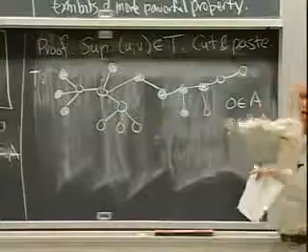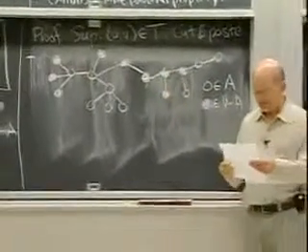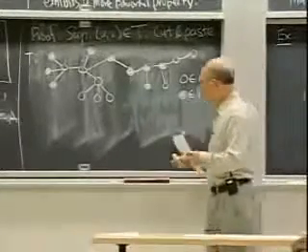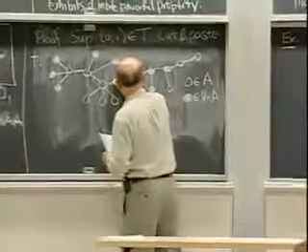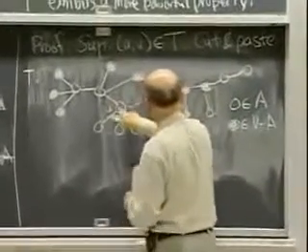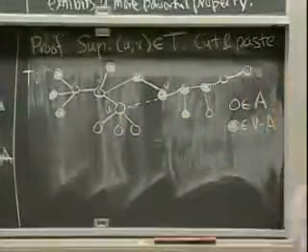Once again, I'm not showing the overall edges of all the graphs, but they're there. So my edge UV, which is not in my minimum spanning tree, let's say, is this edge here. It's an edge from U. U is in A. V is in V minus A.